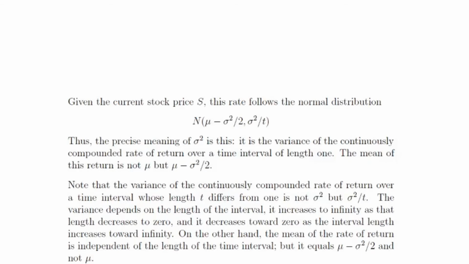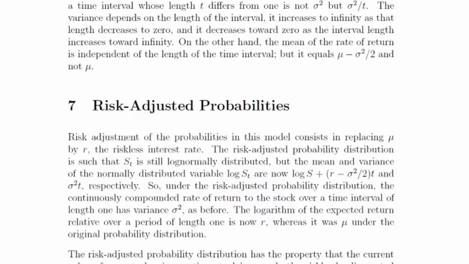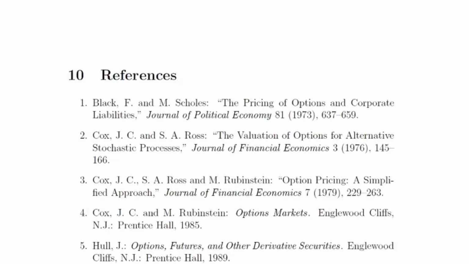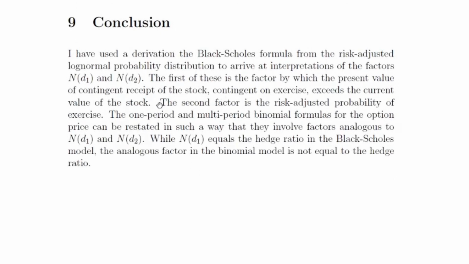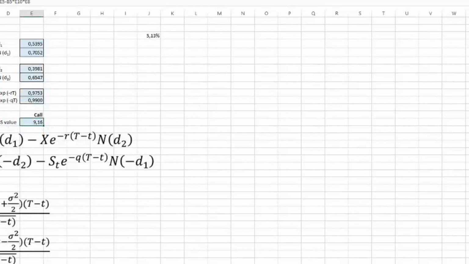So from the point of view of understanding this D1 and D2, the second factor, D2, is like risk-adjusted probability of exercise price. So you expect this 95 to behave according to this trend, this shift in our economy.